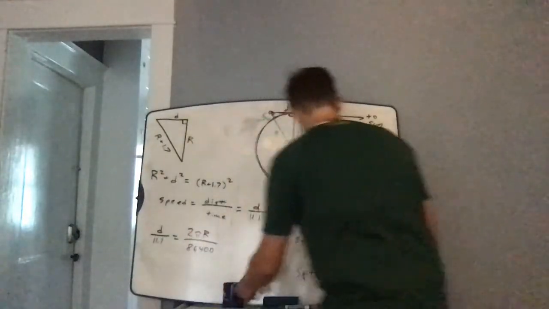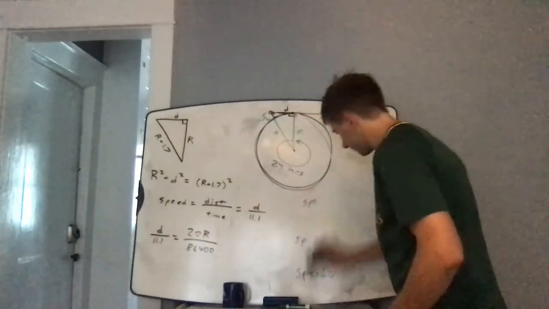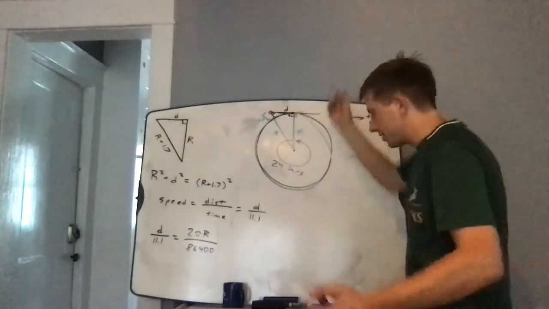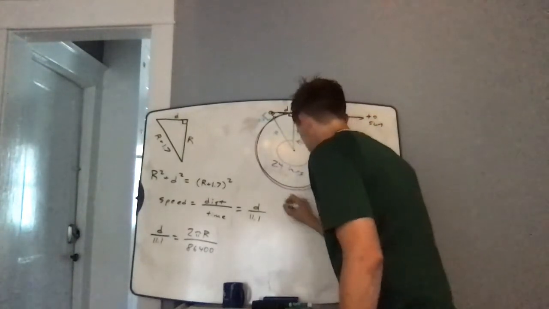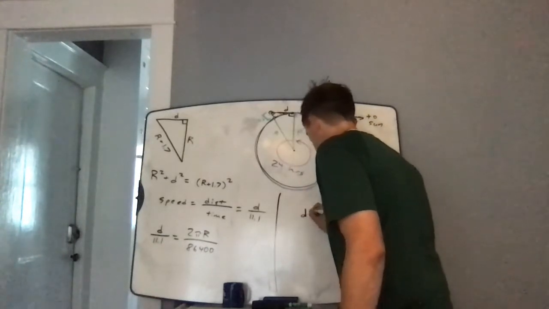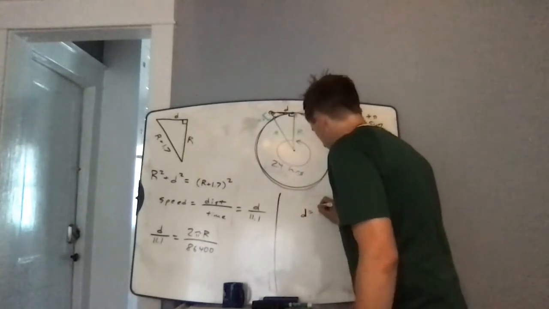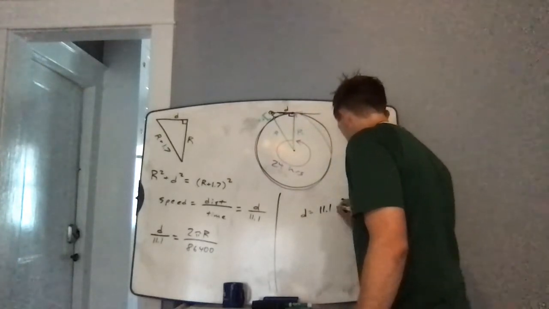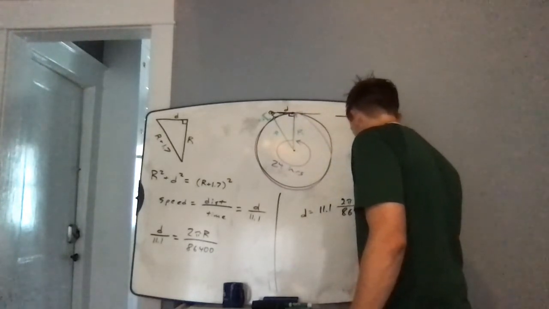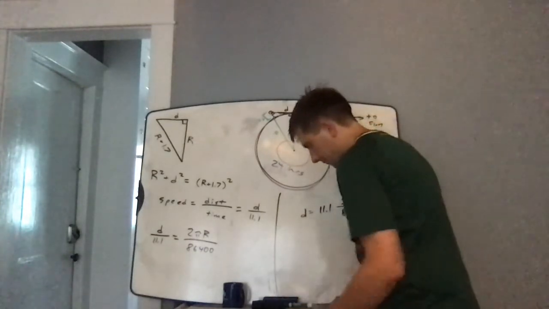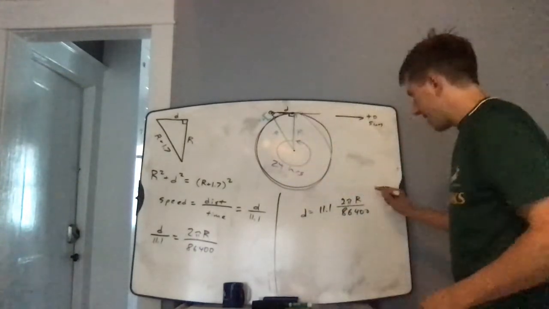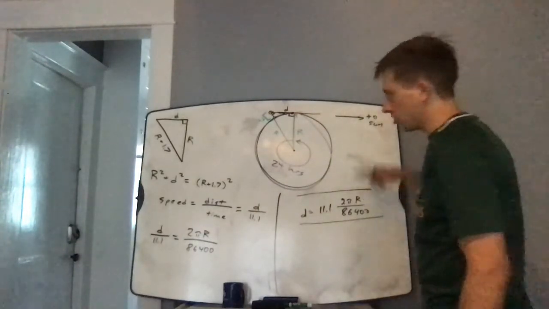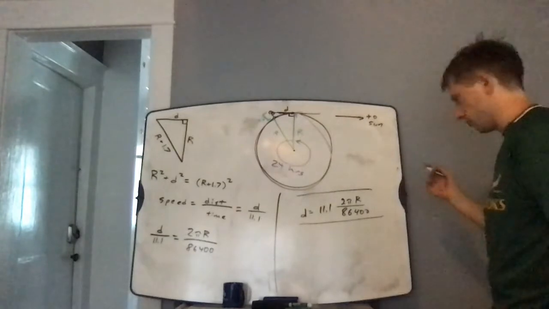So this distance D that I do not know what it is, I could write as D is equal to 11.1 times 2 pi r over 86,400. And now I have D written explicitly only in terms of r. I could plug D in right there.